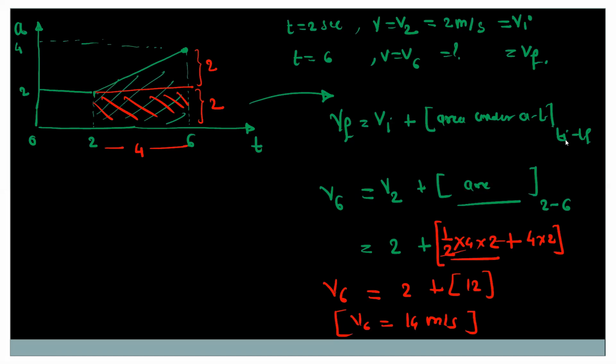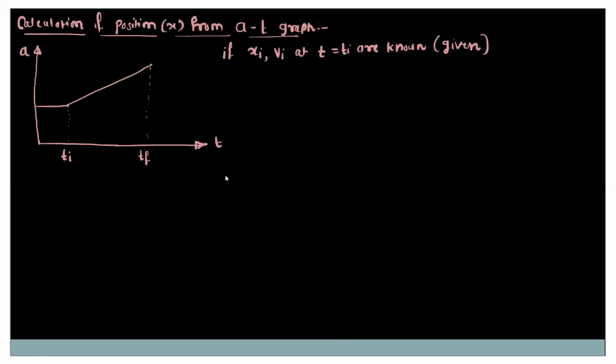So now we will see if acceleration time graph is given and if you want to find out the position. So here AT graph is given and we want to find out the position of the particle when time t is equal to Tf.